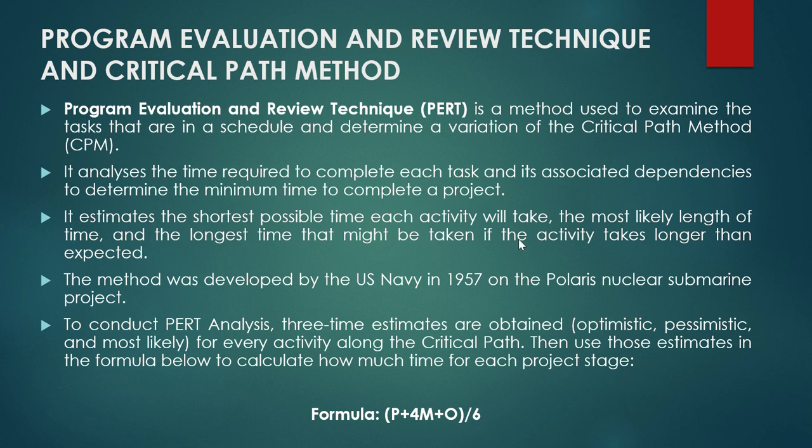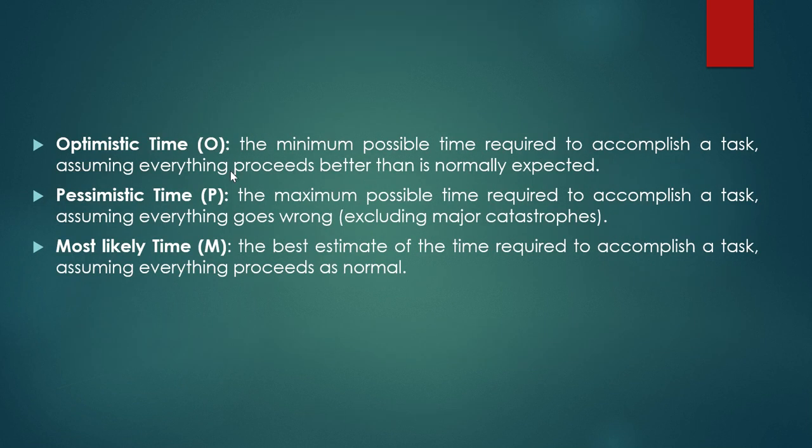So here we have 3 types of time. Let's understand what these 3 types of times are. The first time is optimistic time. Optimistic time is the minimum possible time required to accomplish a task, assuming everything proceeds better than is normally expected. So this is the shortest time.